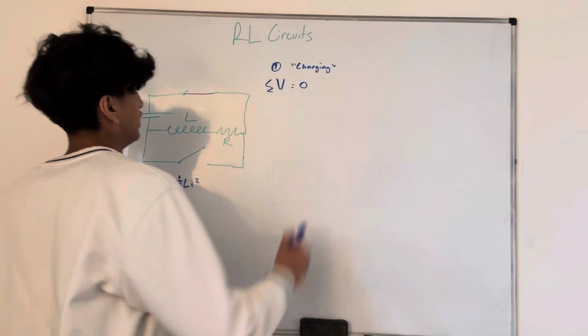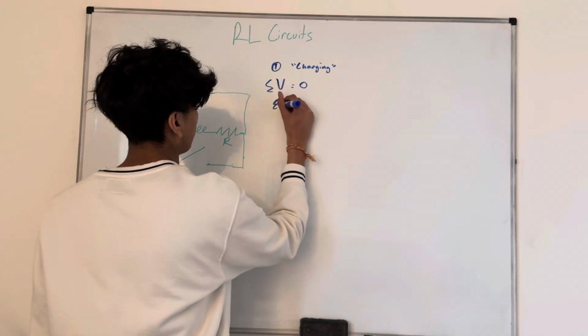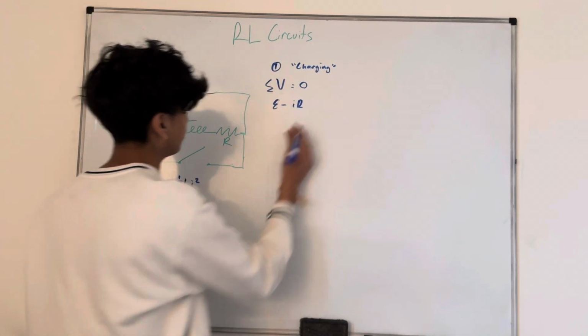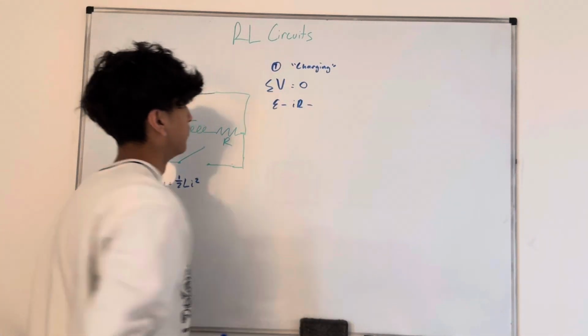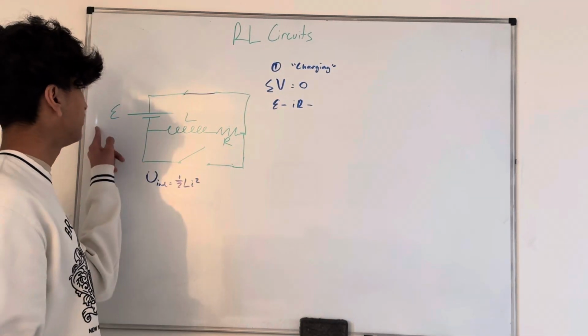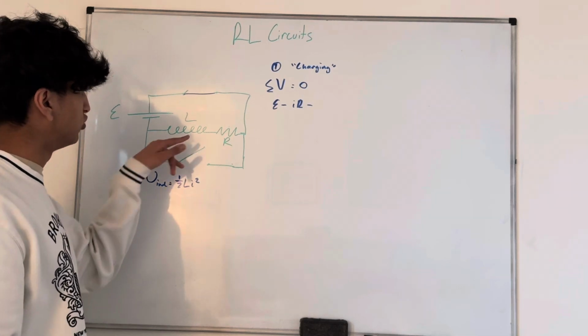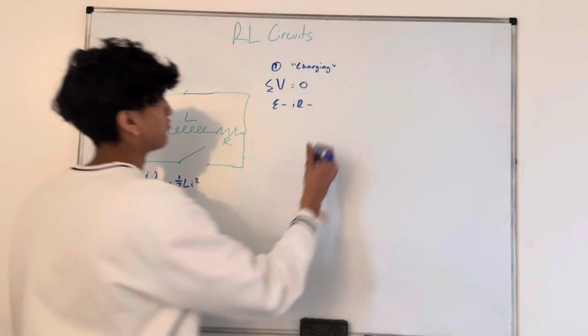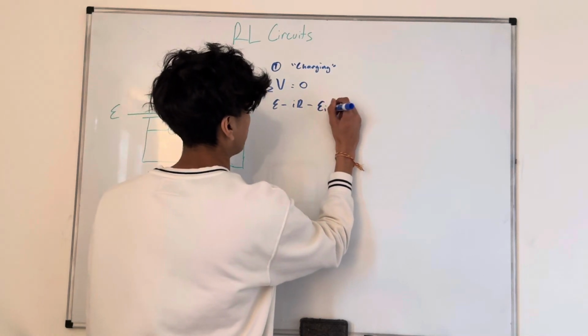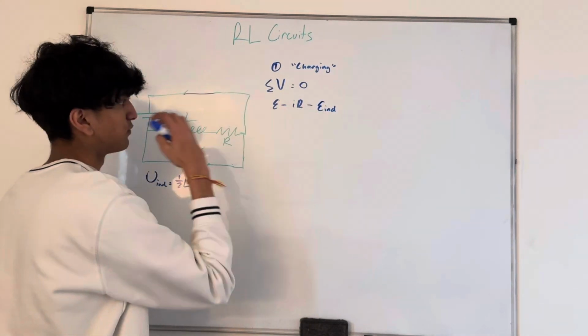So the EMF of the battery, that's positive, minus I times R from the resistor, that's Ohm's law, minus, now some of that battery voltage is going to get used up for the induced EMF. That's what we call the EMF induced.